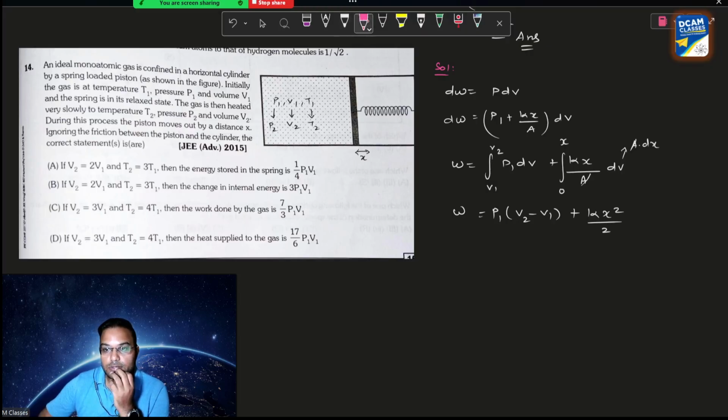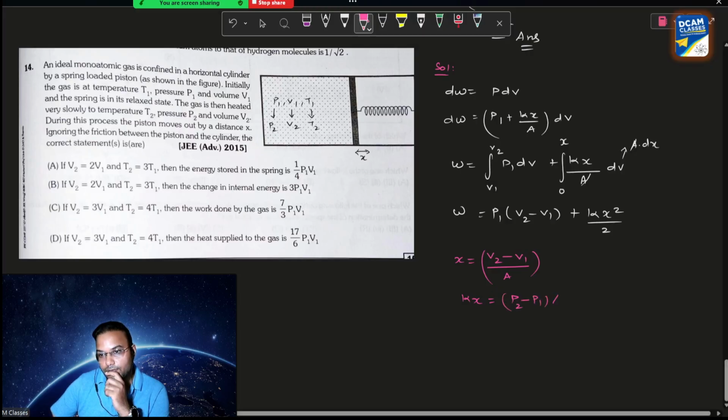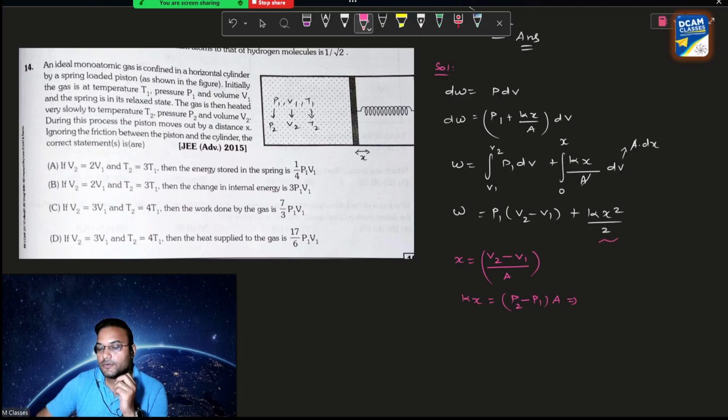So I can find out some results. Here x will be (V2 minus V1) by area. kx is the force, which is (P2 minus P1) into A. In that case, I can find out this k x square by 2.